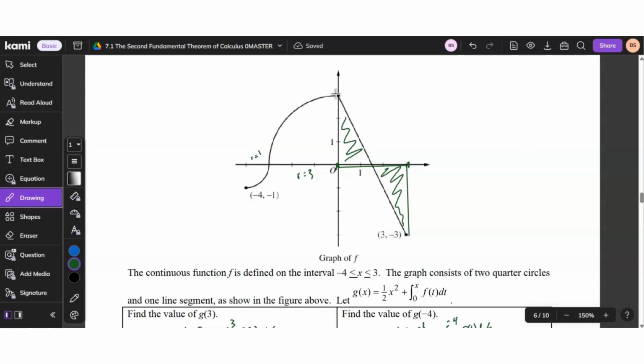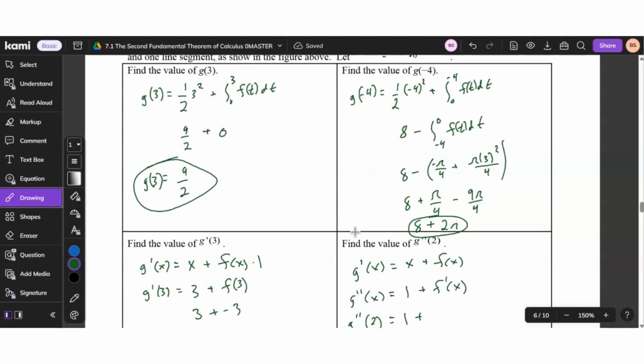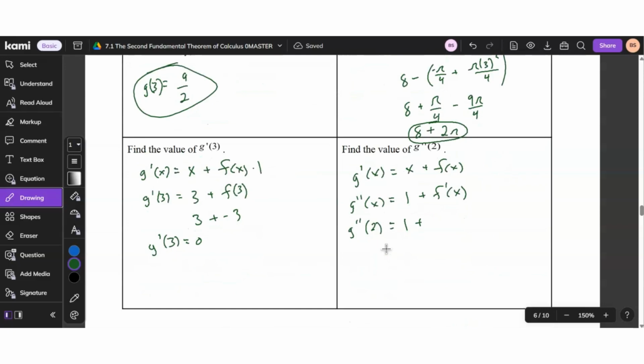Our line segment goes from 3 to -3, so that is a height of -6, and it goes 3 over. So this is going to be -6 over 3 again, or just 1 minus 2, or -1. So the second derivative at 2 is simply going to be -1.